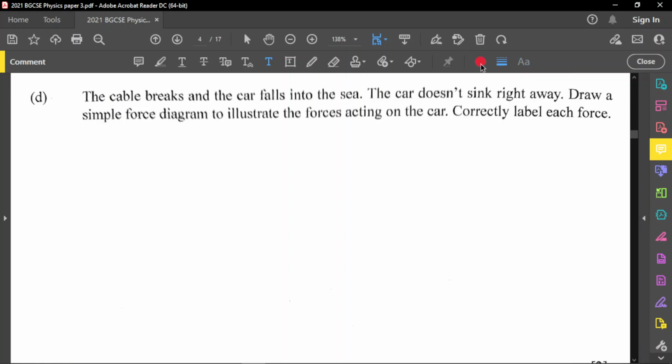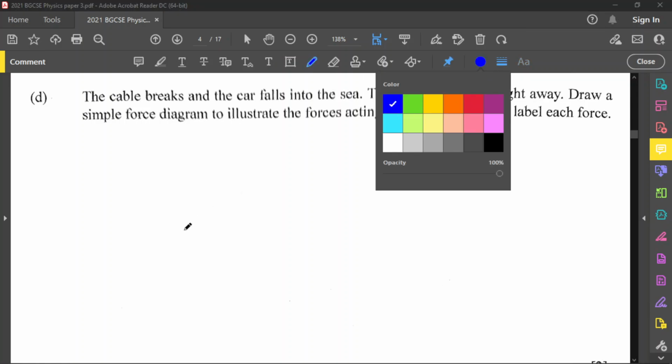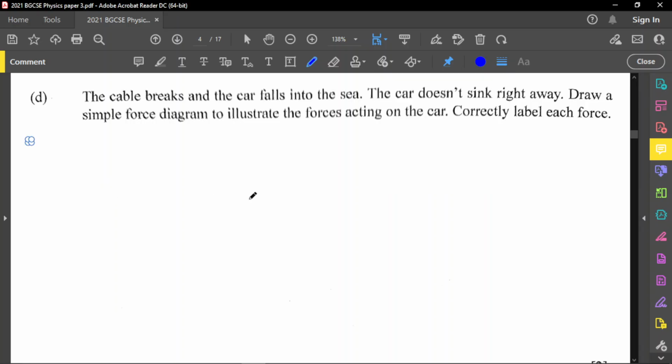All right, and so let me just quickly outline something. The first thing I'm going to do is, let's say this is a car. So this will be the car right here. Let's just draw a simple box to represent the car. You don't need to draw a car itself, just a box.